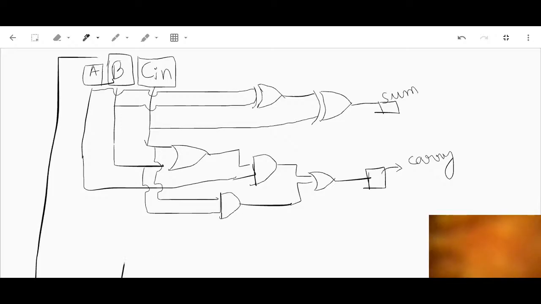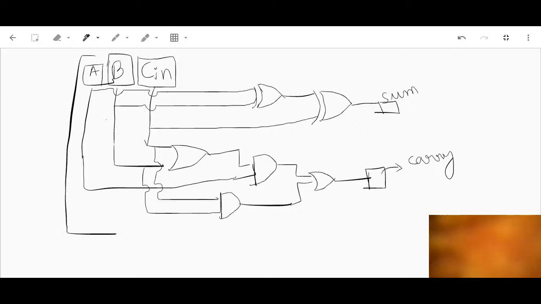I hope you all have got clear about this. Okay, so I'll stop this screen share and then I'll redirect you to the CircuitVerse.